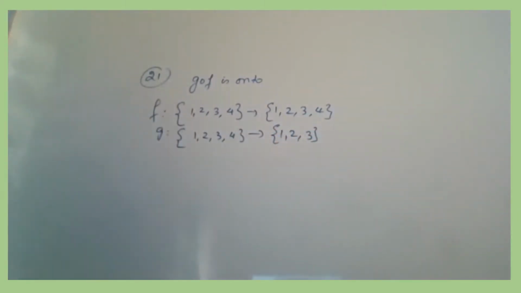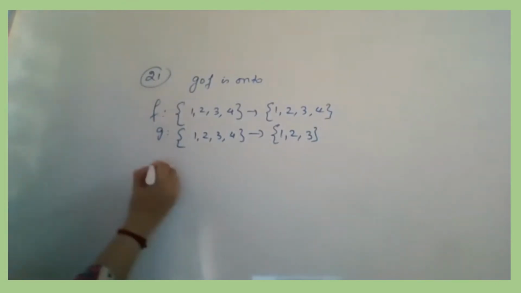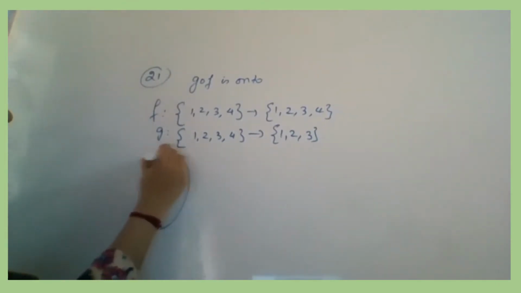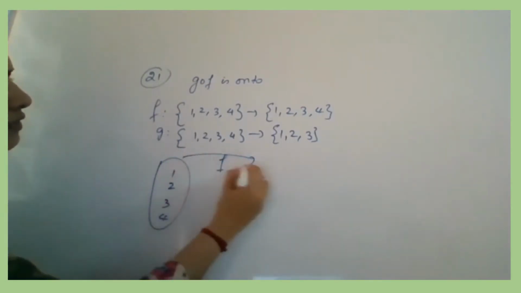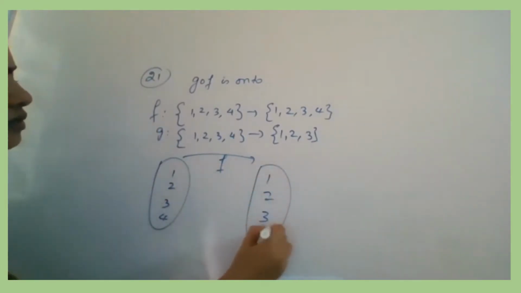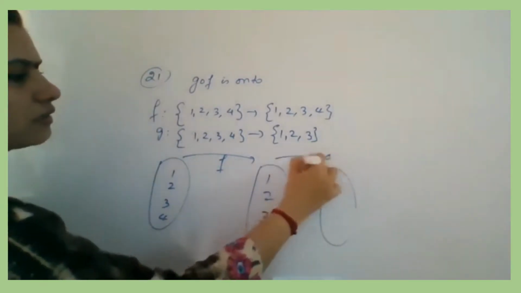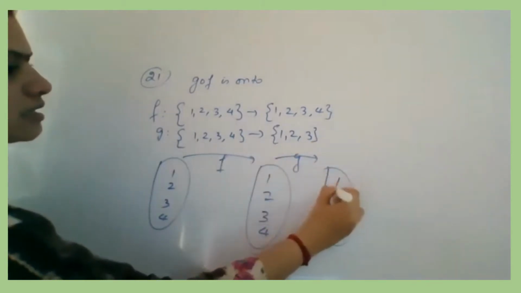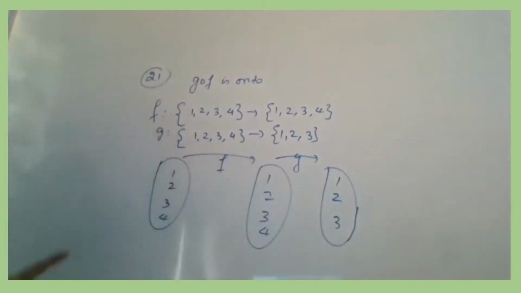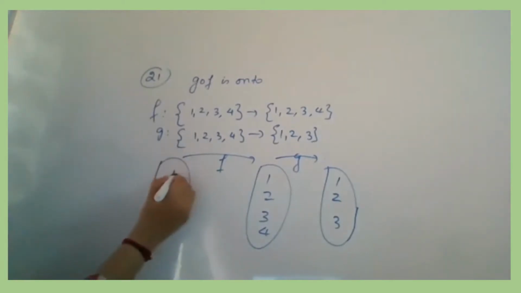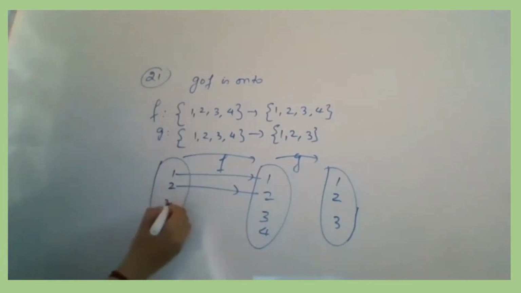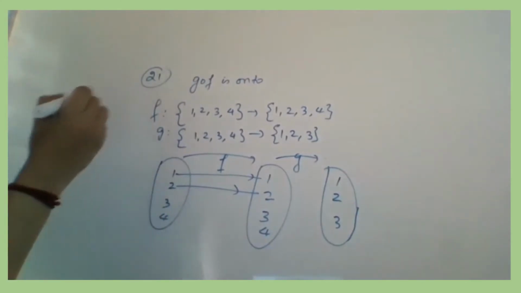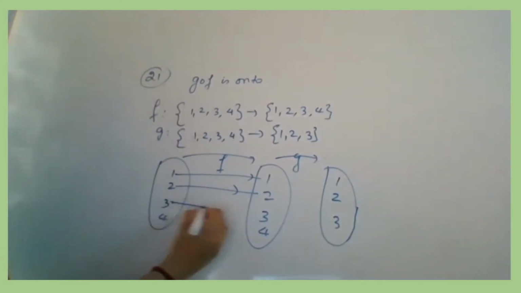Suppose this is F, from 1, 2, 3, 4 to again 1, 2, 3, 4, and this is G, from here to here, and this set is given to be 1, 2, 3. They are saying that F of 1 is 1, so F will take 1 to 1. Then F of 2 is 2, and F of 3 and F of 4 both are 3.